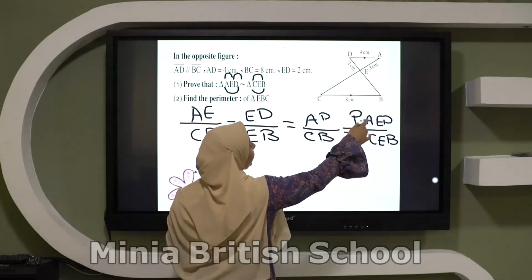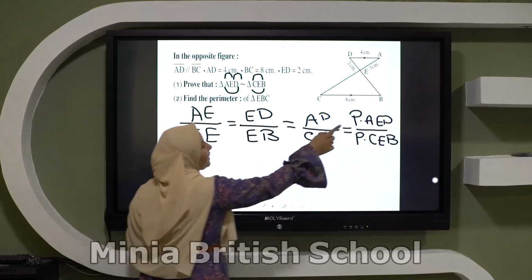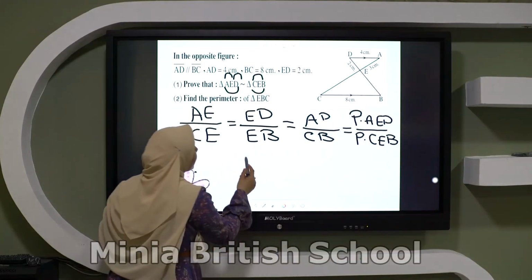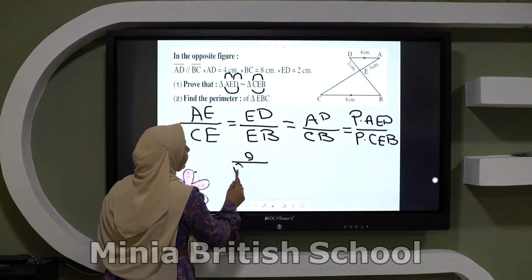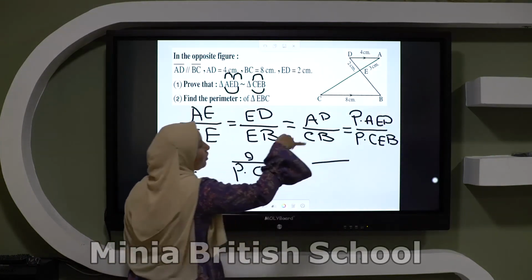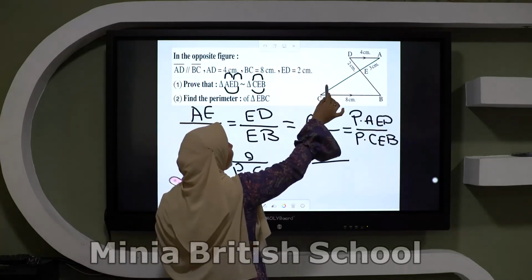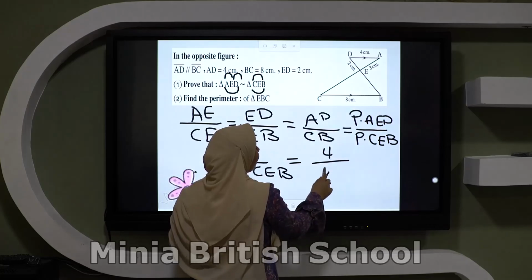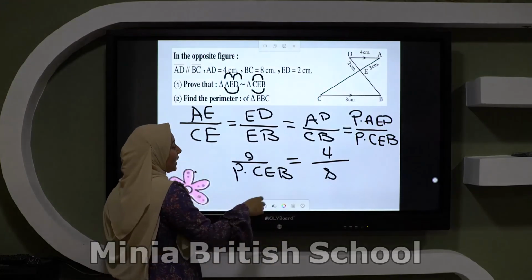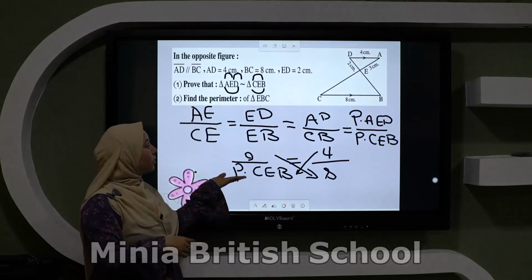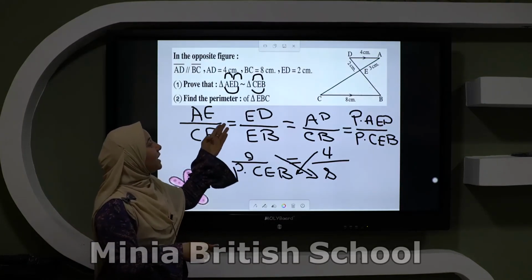The perimeter of the triangle AED equals 3 plus 4 is 7, plus 2 equals 9. 9 over the perimeter of CEB equals AD, 4 centimeter, over CB, 8 centimeter. You can make the cross multiplication to find the perimeter of the triangle.